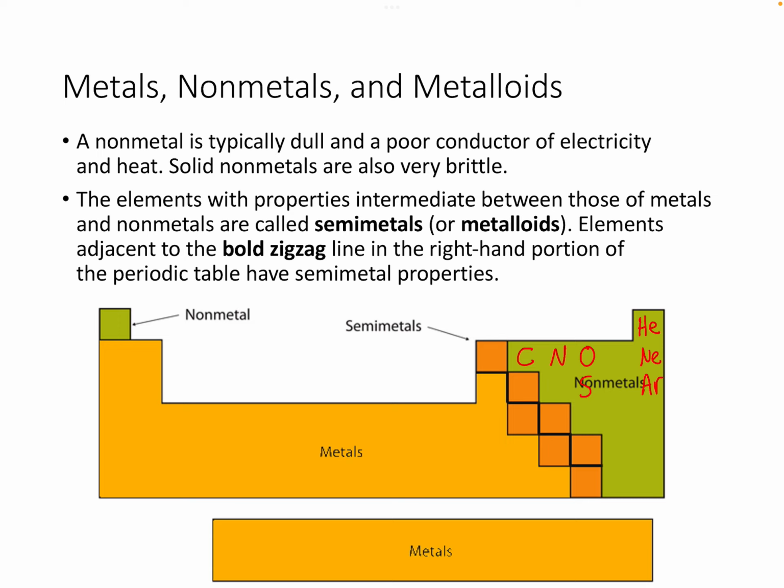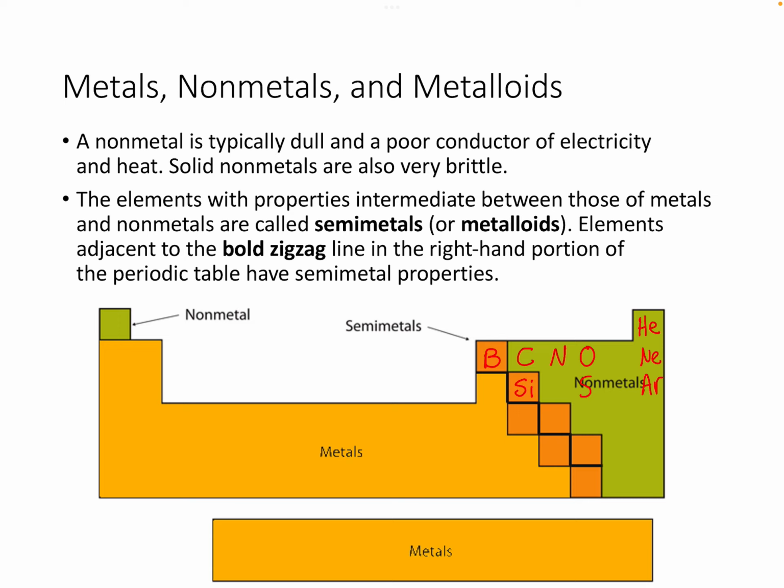Now, you'll notice that the semi-metals are in between the metals and the nonmetals. So the semi-metals are boron, silicon, and silicon is actually what's used in computer chips. So that's why in California, where all of the big tech companies are, they call it Silicon Valley, because silicon is typically used in computer chips.